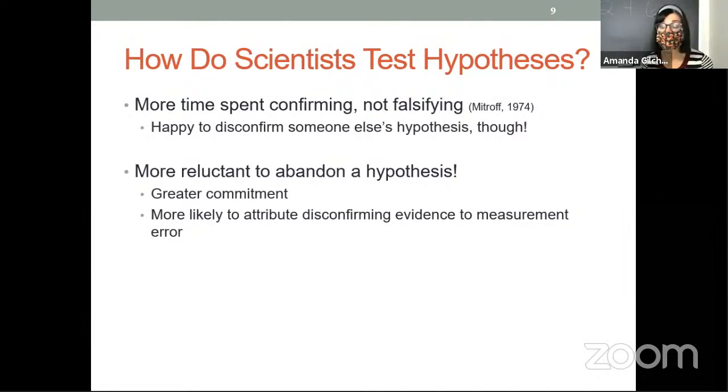And if they do find disconfirming evidence, they're usually going to attribute it to measurement error or procedure error. I have had people point blank tell me to my face that the reason I couldn't replicate their findings was because I did it wrong. I'm sorry that I didn't give the right instructions. And frankly, this is my belief: if you getting a particular finding depends on something as subtle as how you give instructions, either that effect is not very large and does not pop up in the general population, or it's probably not a real effect to begin with.